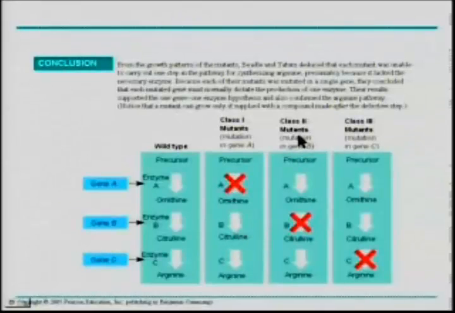The class B mutant had a mutation in gene B, so only when the citrulline or arginine was provided could it grow.